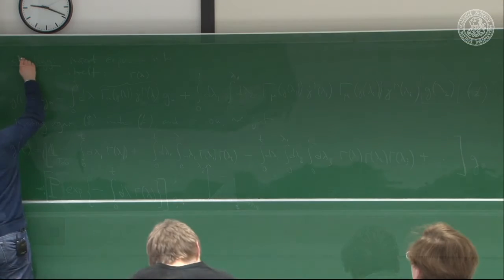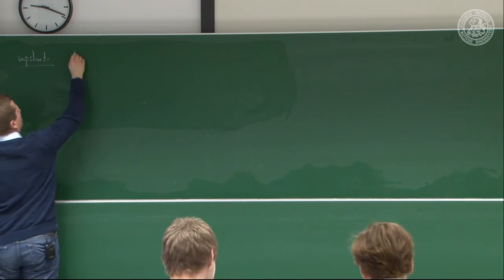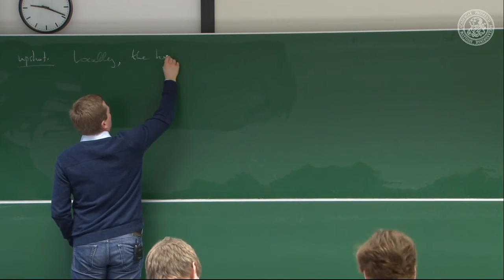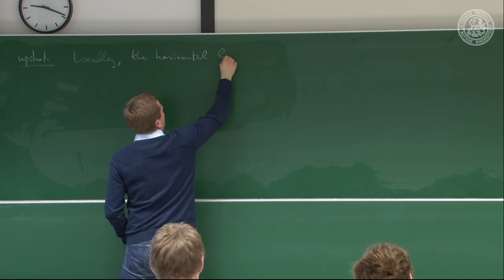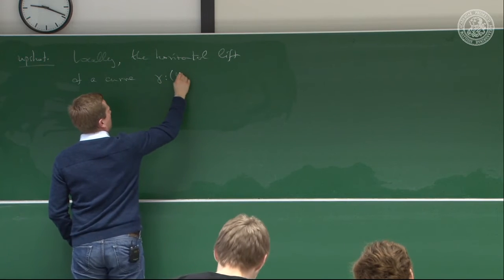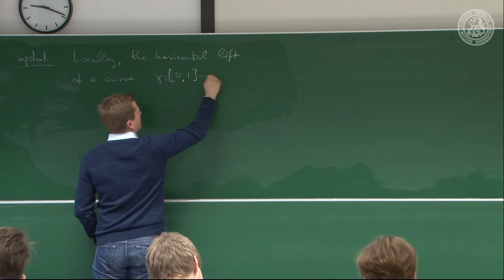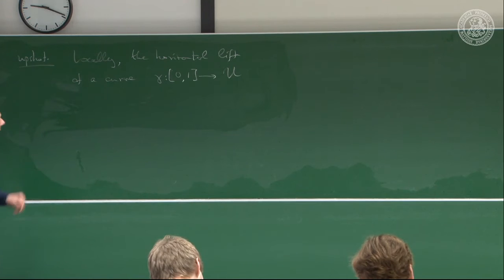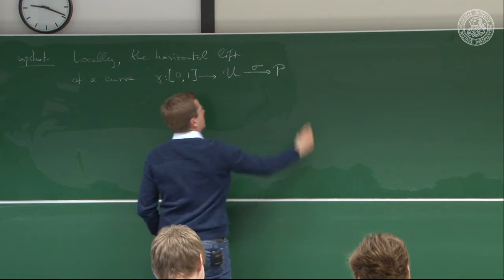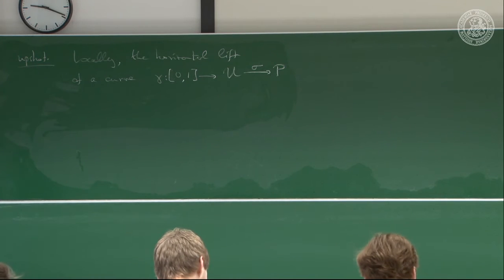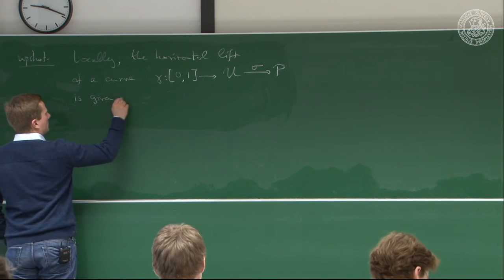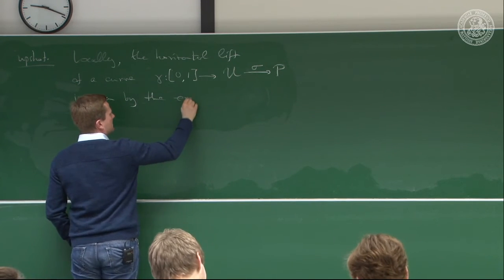Okay. That's it. But anyway, this is the explicit form here. The upshot of everything we said is that locally, the horizontal lift of a curve gamma, and now I only consider its values in this local patch we had, and on which we have by our sigma a lift to the corresponding principal bundle, is given by the explicit expression, and that is what we were after.